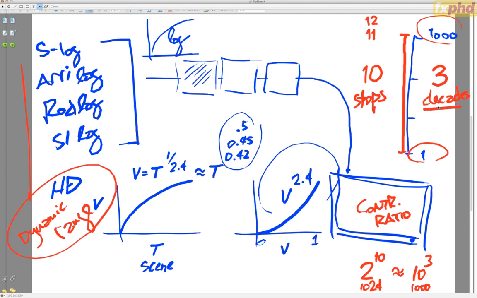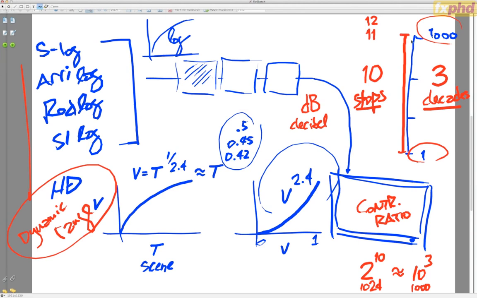And as if decades and stops weren't enough, we've got another unit, which is the unit that the camera sensor vendor would prefer, and that's decibels. In the decibel scale, there's 20 dB in each decade.